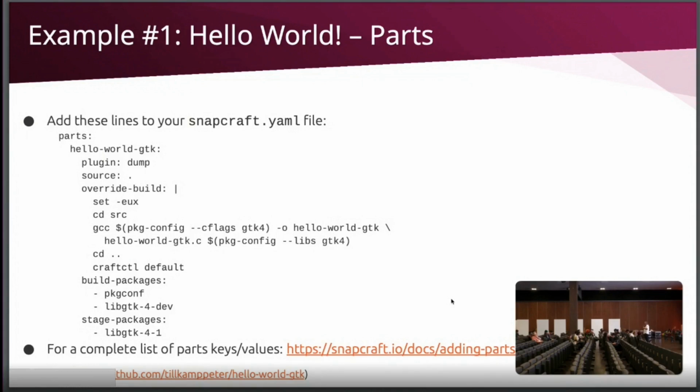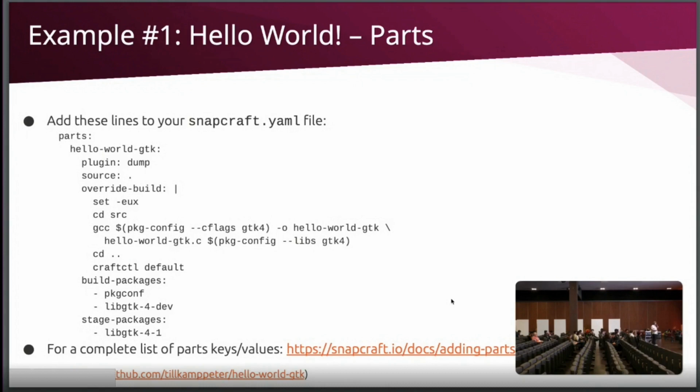This means if you use some standard method like autotools, configure, make, install, you can add your own shell script code before or after the standard procedure, depending on where you put the craftctl default line. And if you have completely your own method, you can even leave the craftctl default line out, and then no standard action is done.